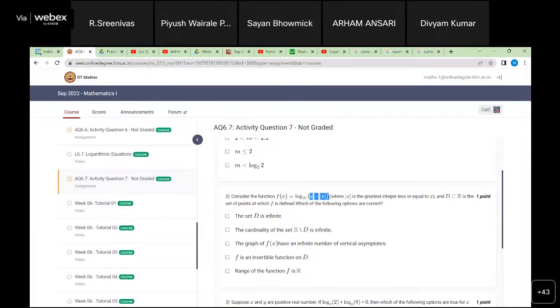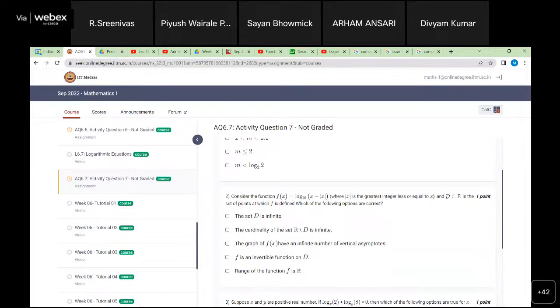It should be greater than 0 for the logarithm function to be valid. Like we have discussed, log of x to the base a, so x should be greater than 0 always, right? So any function which is in the log should have a value greater than 0. Then only that function will be valid. The log function is valid.